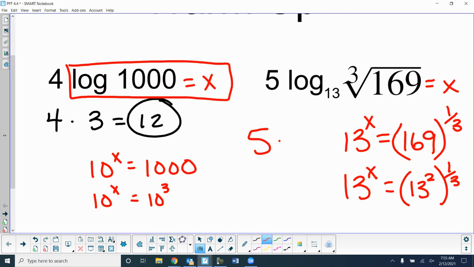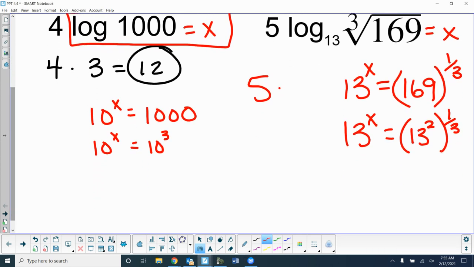If it was negative, we'd flip it. But if I just got a 2 and that 1/3, what am I supposed to do with that? What's the rule? Add, subtract, multiply, divide. Multiply, yeah. Okay? So I'm multiplying 2 times 1/3, which is 2/3.